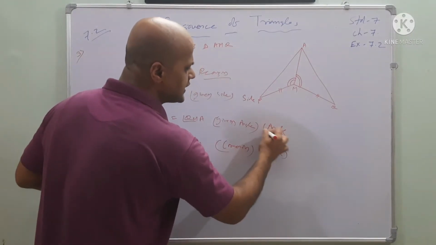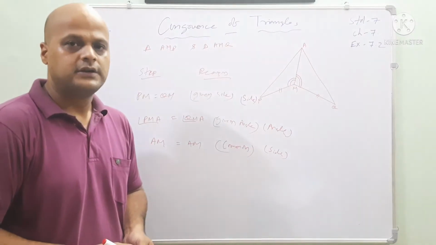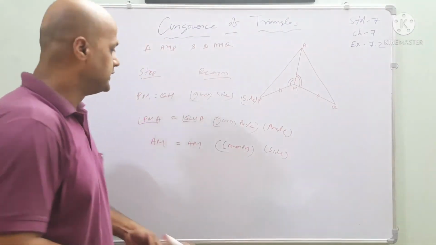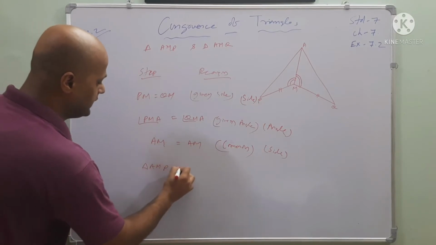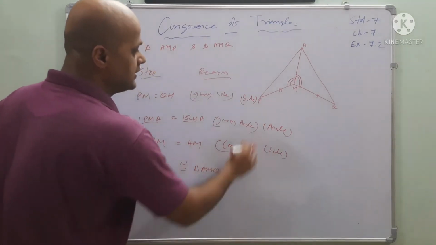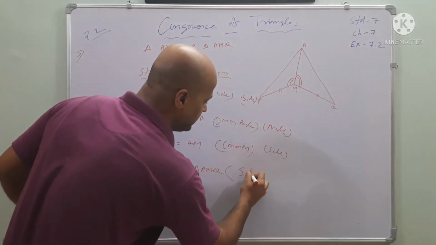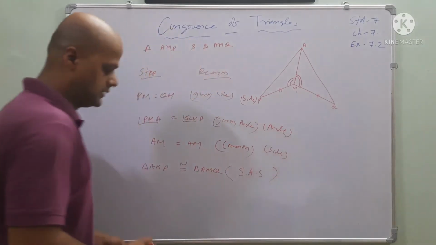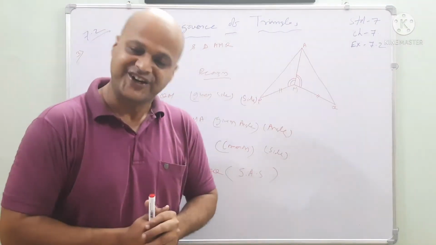Then which criterion do these two triangles follow? Who will tell me? Yes, very good. Triangle AMP is congruent to triangle AMQ by which criterion? Side angle side. Okay? Side angle side criterion. So these two triangles are congruent with each other. Understood, my dear friends?